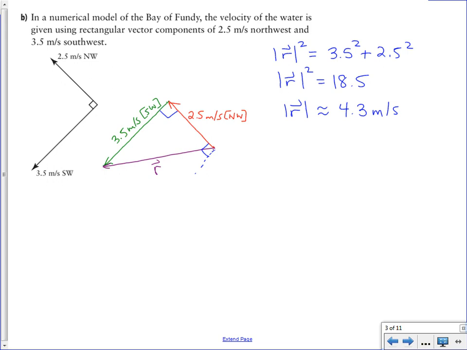Okay, now my question to you is, what should I be choosing for my angle theta? I obviously have to choose an angle in the triangle. So I have 2 options: I can pick the angle made with red and purple, or the angle made with green and purple. Which one do you think I'm picking?